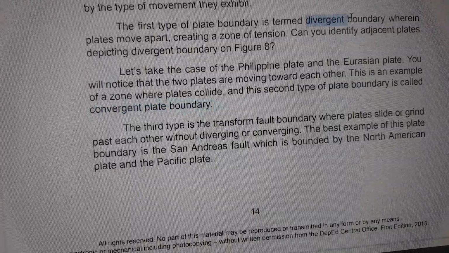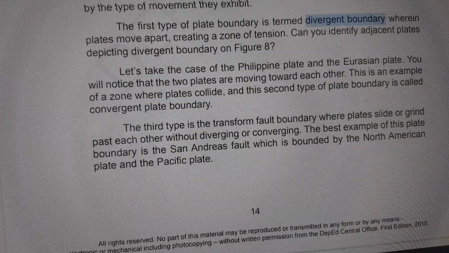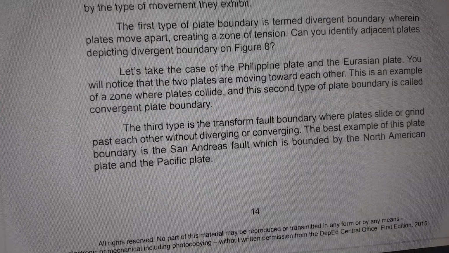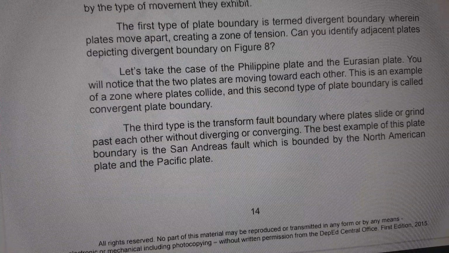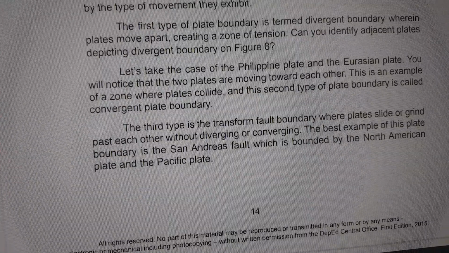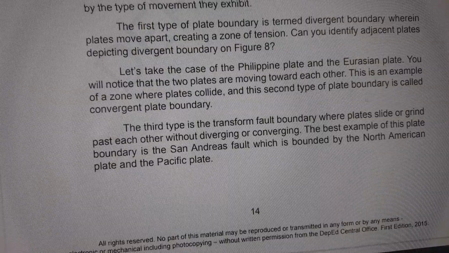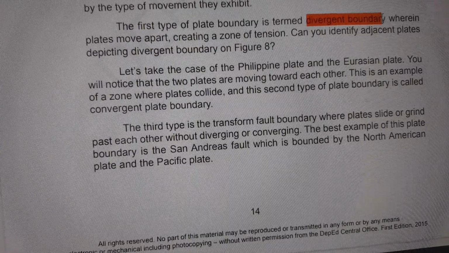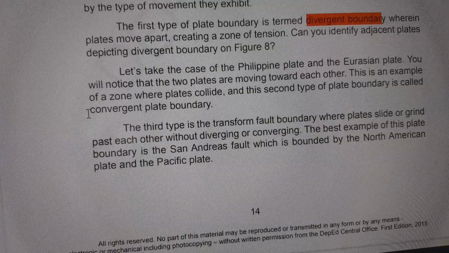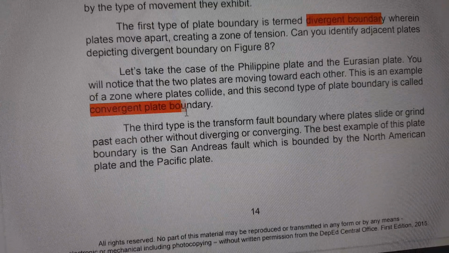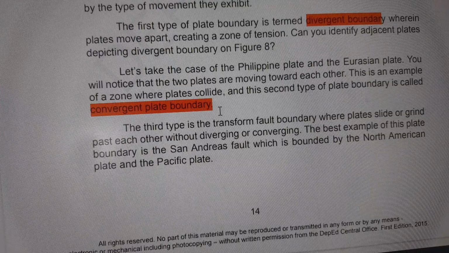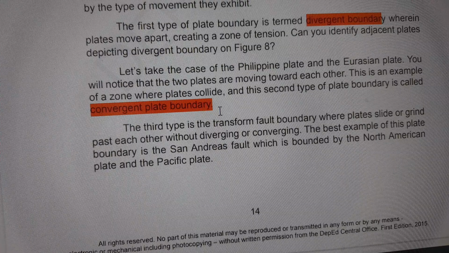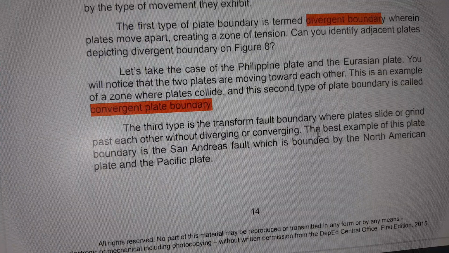I wanted to highlight that one in yellow. Highlight divergent boundary. And the other one is the convergent plate boundary. Now, what is the difference between the two? Find it out, class. Please study very well.